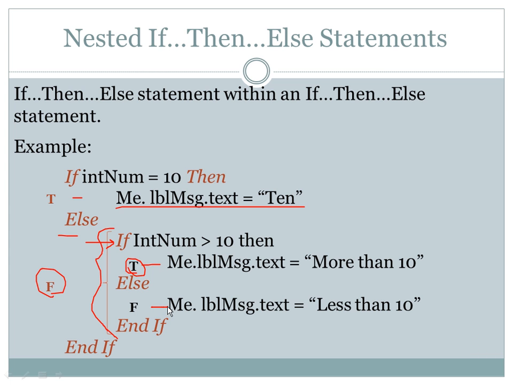Else, this message is set within LBL message.text. So after it evaluates this one, then it gets to the end if. Remember, for every if, there has to be a matching end if. Every time you have a nested statement, make sure that you indent so that you can line up your if and end ifs.